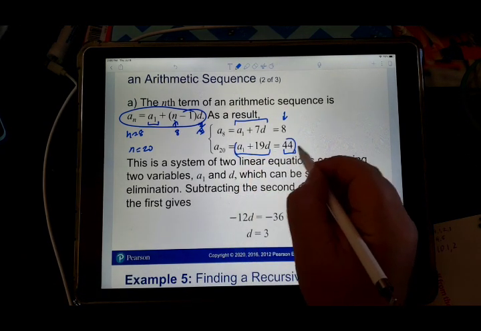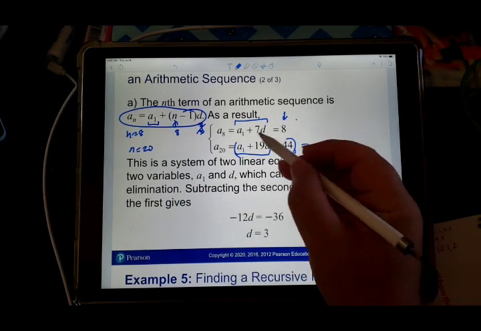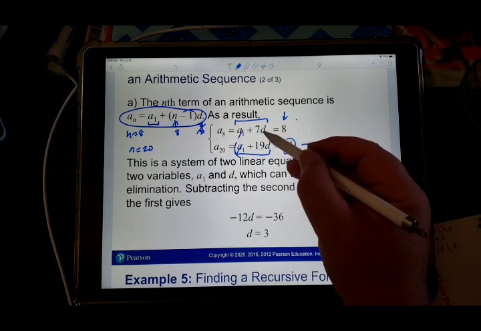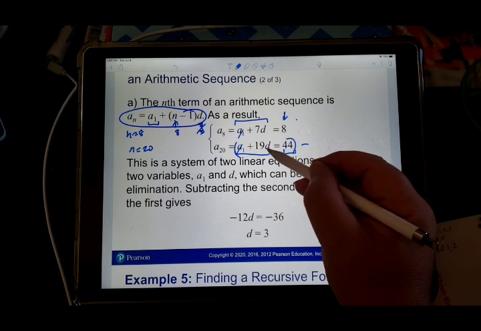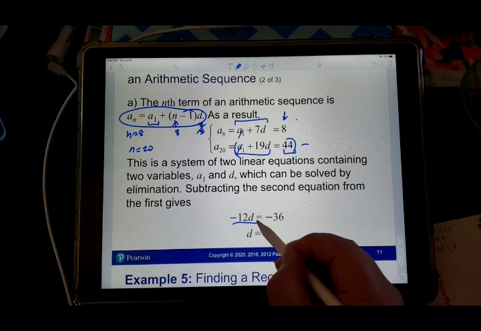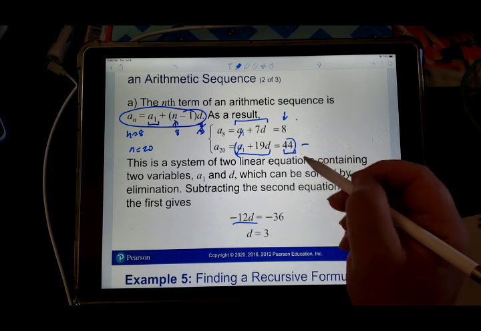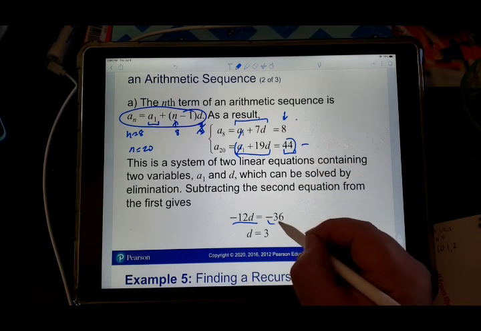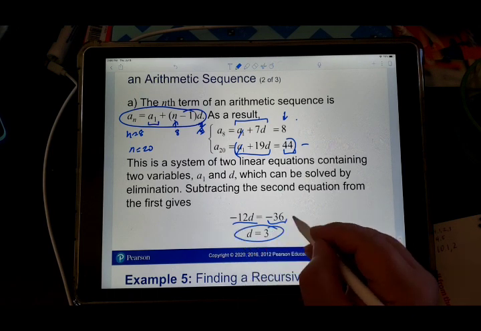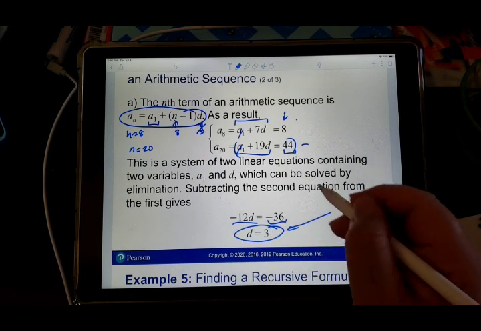If I subtract this bottom one from the top one, the a's cancel. I get 7d minus 19d, negative 12d. I get 8 minus 44, negative 36. So I calculate that d equals 3.